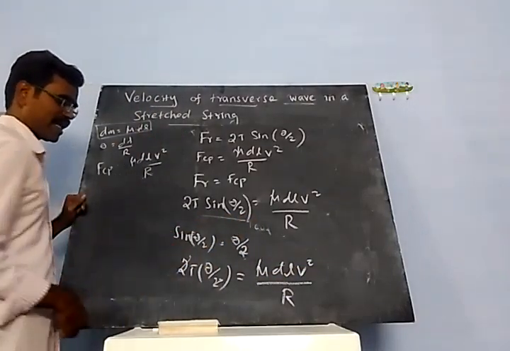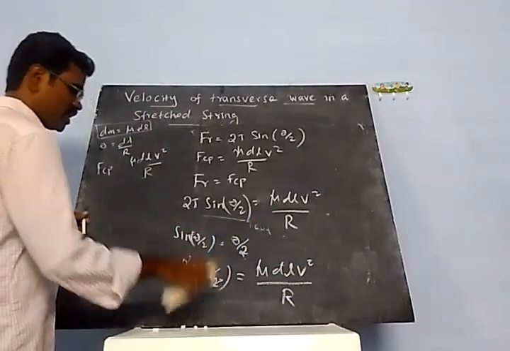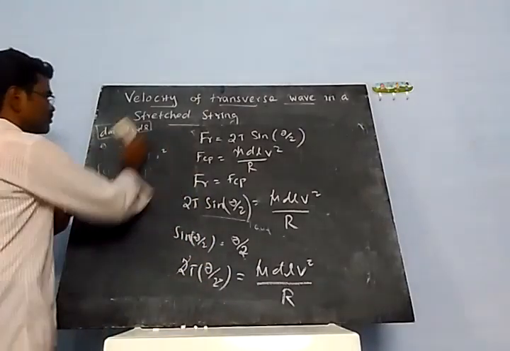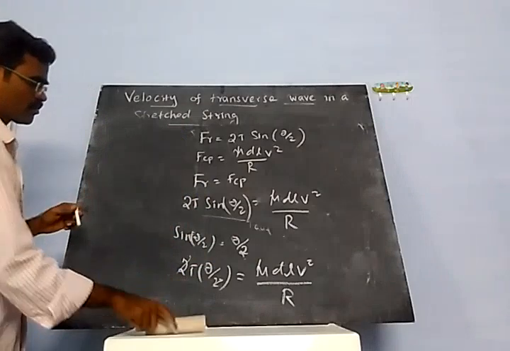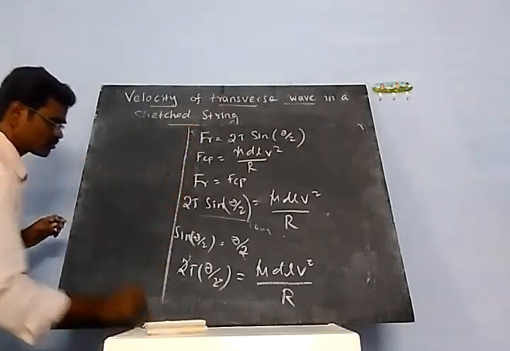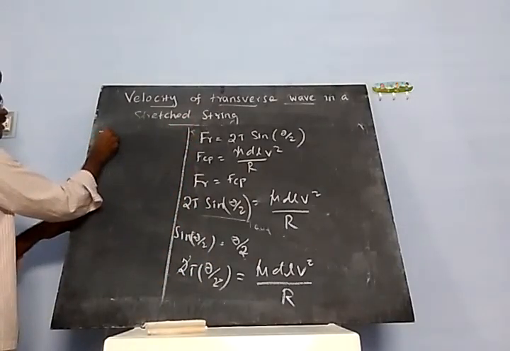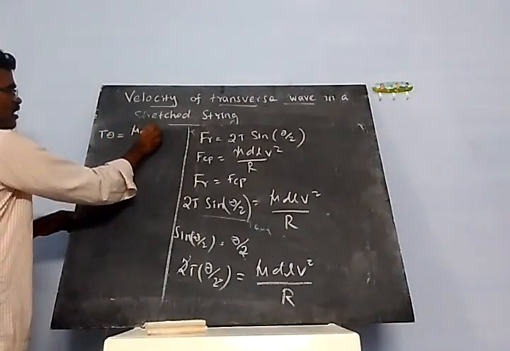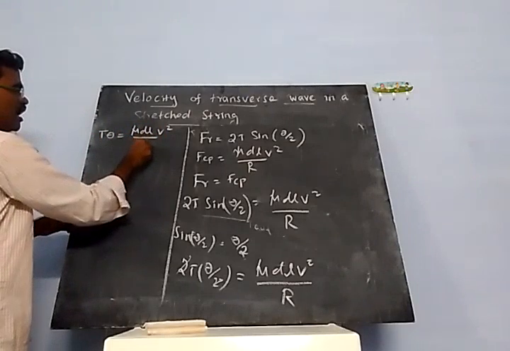The 2 cancels, so we get T theta equal to mu dl v squared by r.